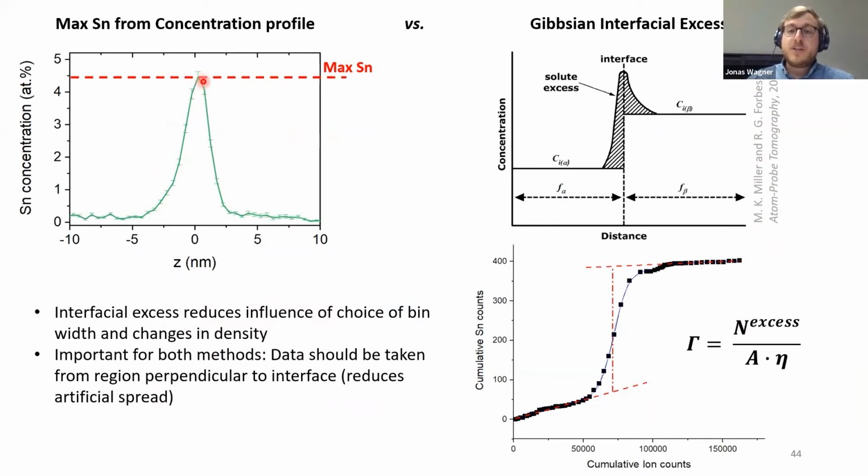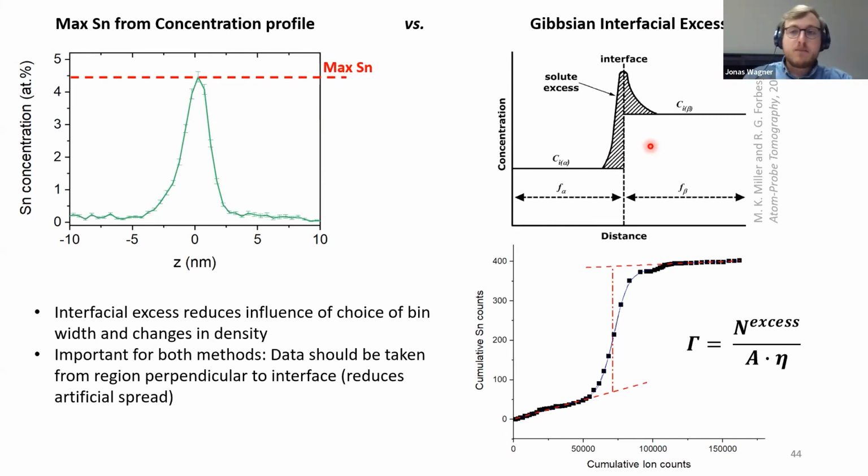The alternative would be using the Gibbsian interfacial excess. That means projecting the whole enrichment into one plane, right? Like reducing the spatial coordinates by one dimension.